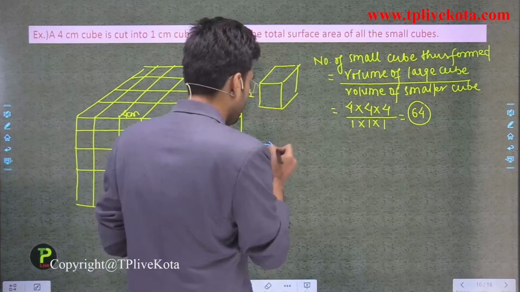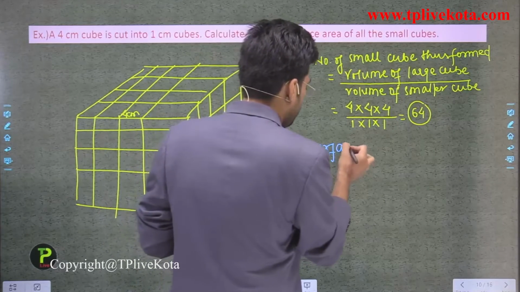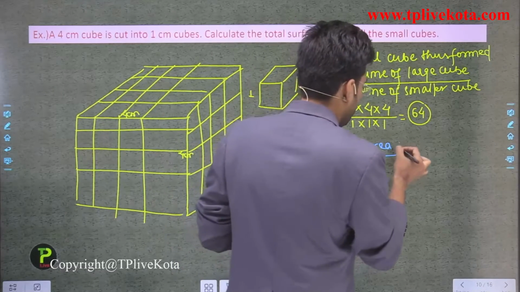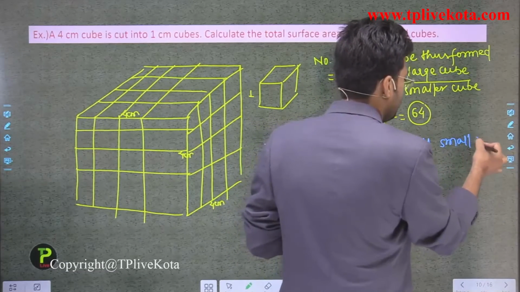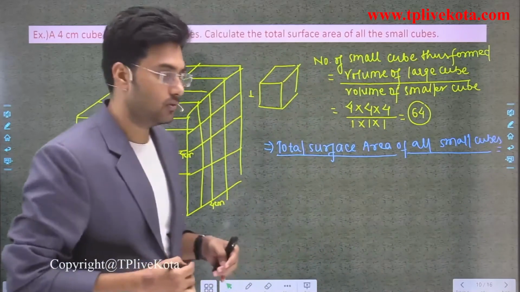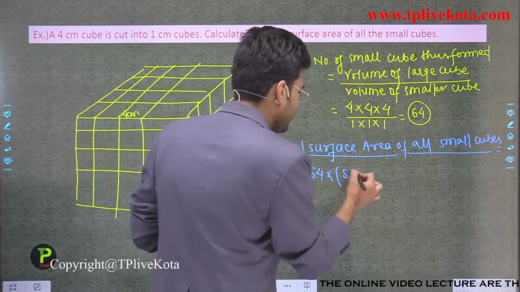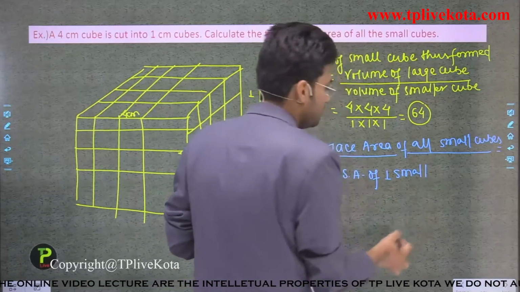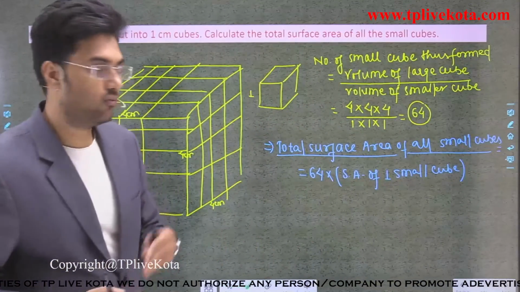So the total surface area of all small cubes is equal to 64 multiplied by the surface area of one small cube. And what is the surface area of one small cube?